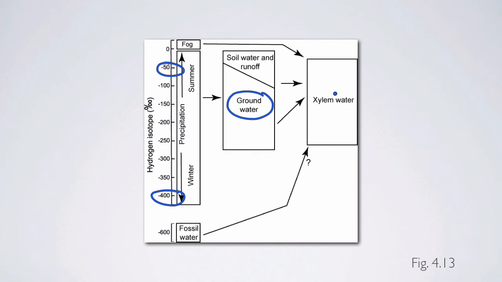And then when we look at plants that might be trying to access groundwater versus water from recent rains, we can start to infer whether that plant is using groundwater or shallow water.